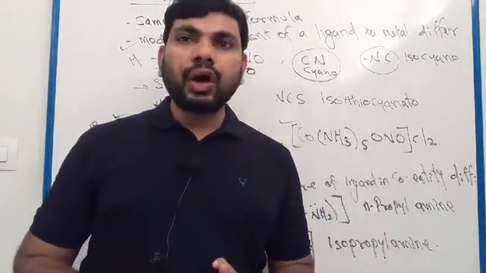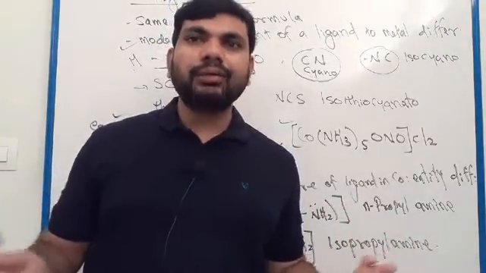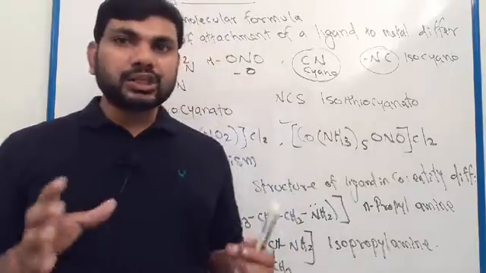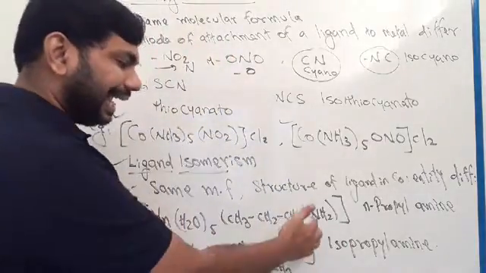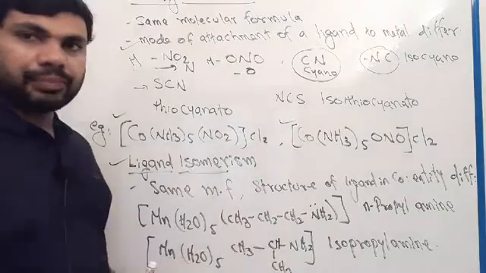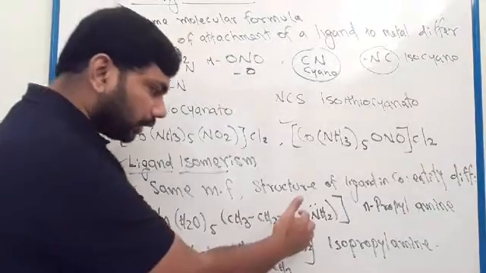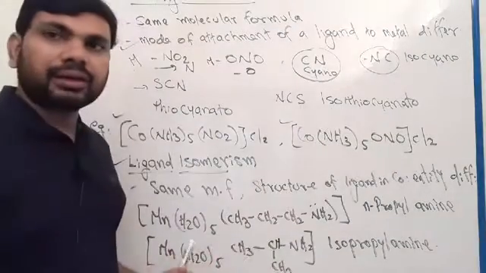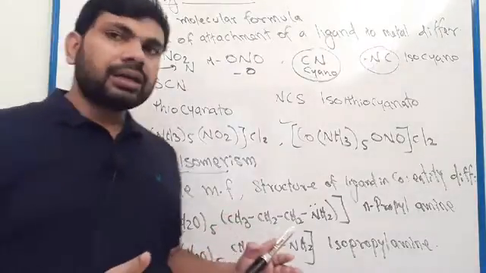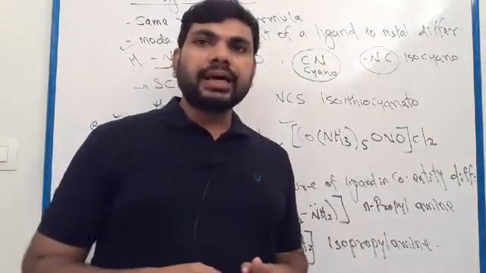So ligand isomerism means coordination compounds have the same molecular formula, but the structure of the ligand in the coordination entity will be different. Clear?